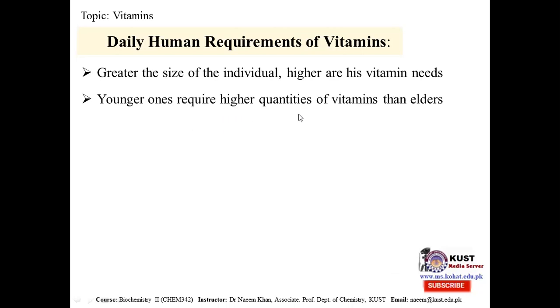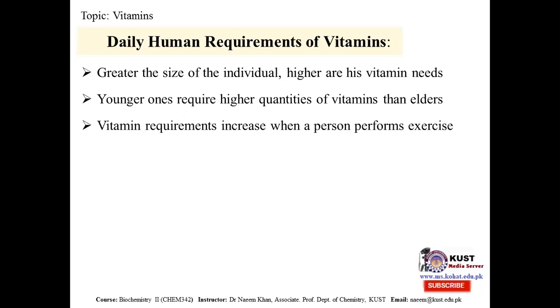Younger ones require higher quantities of vitamins than elders because the younger ones are at a growing stage, so for the growing activity they require vitamins more. Vitamin requirement increases when a person performs exercise. If someone is playing football, his vitamin requirement increases. So vitamin requirements are related to the activity of the individual.